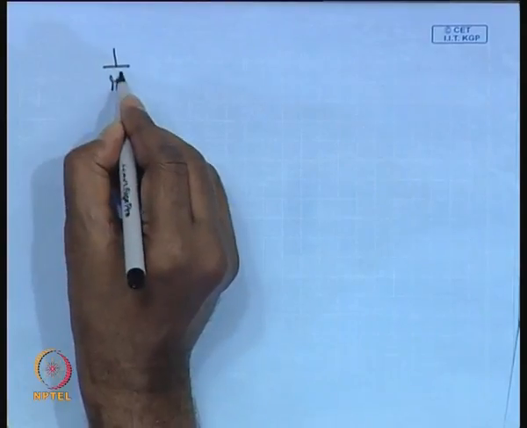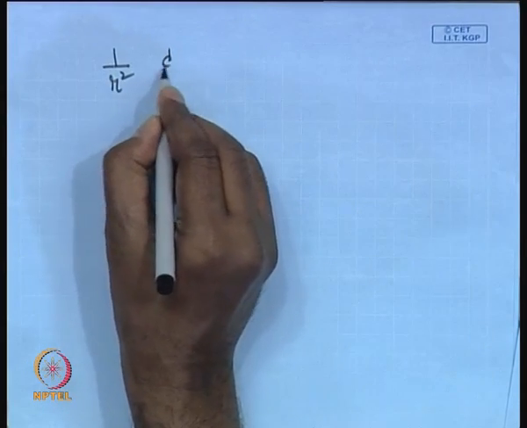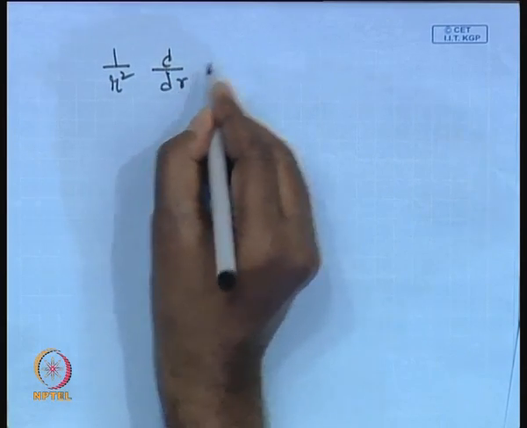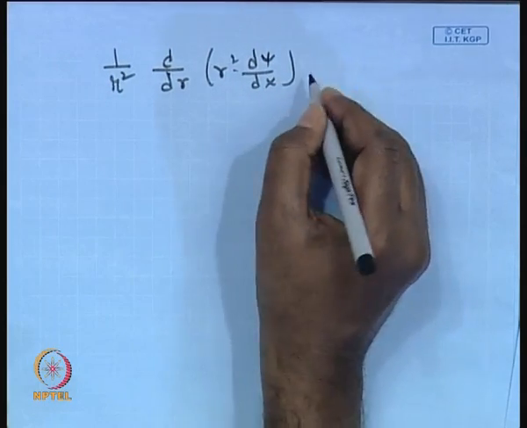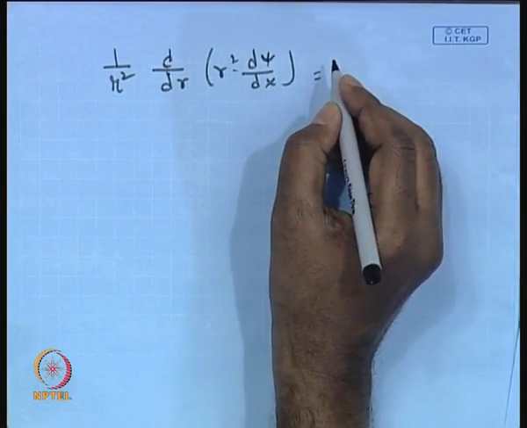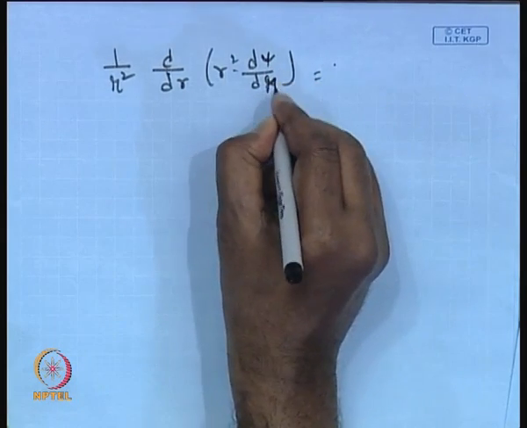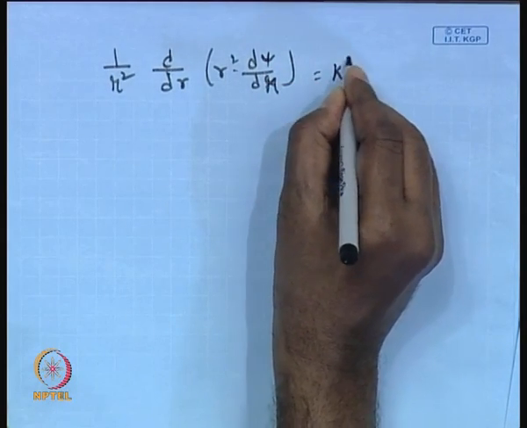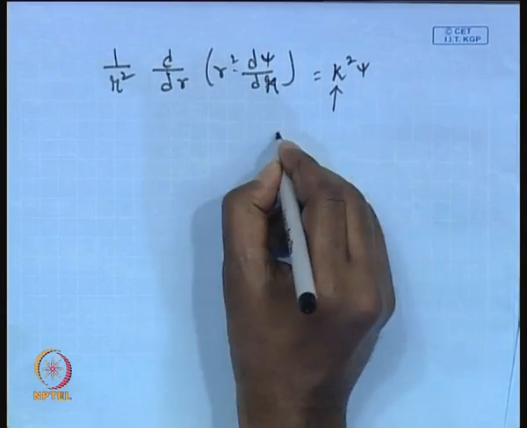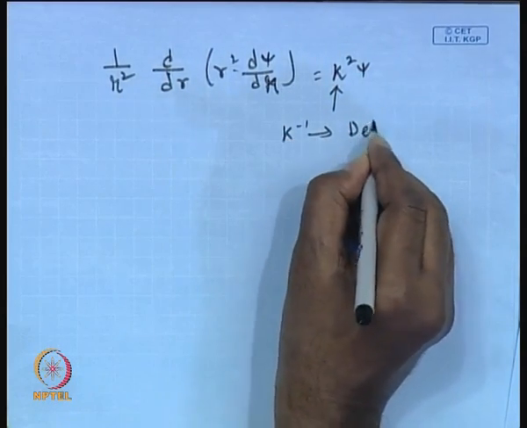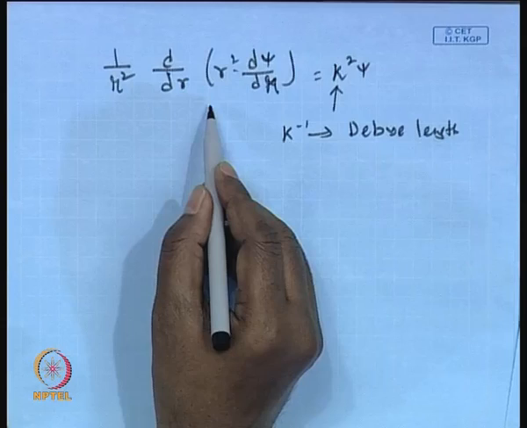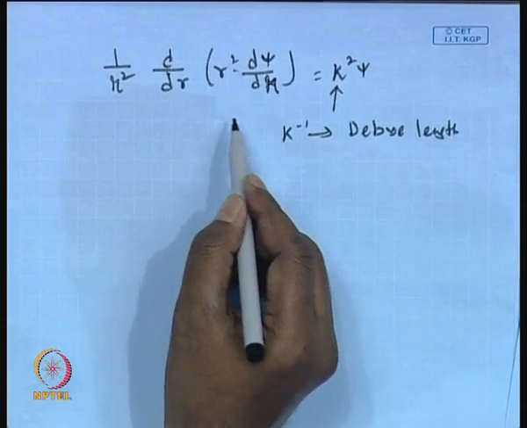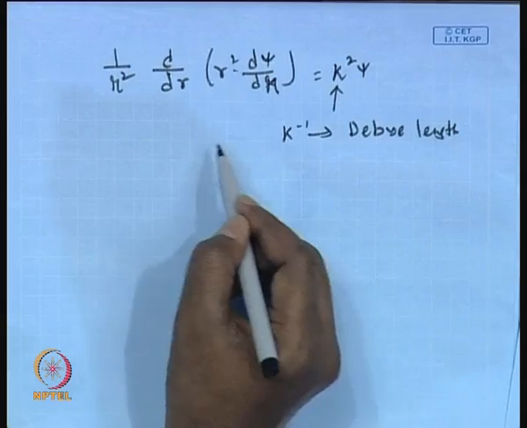The governing equation for spherical colloidal particles becomes 1 by r square d dr of r square d psi dr is equal to kappa square psi, where kappa inverse is the Debye length. So, this is the Debye-Hückel approximated version of the Poisson-Boltzmann equation in spherical coordinates.